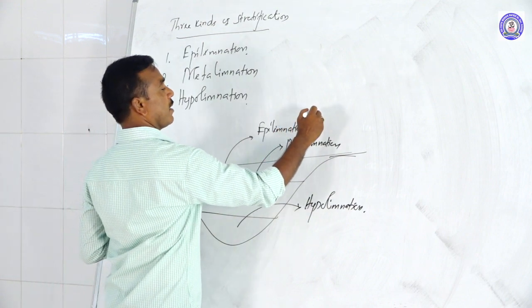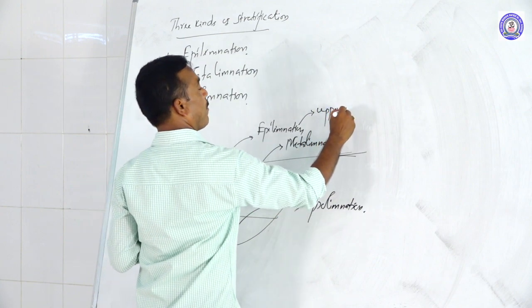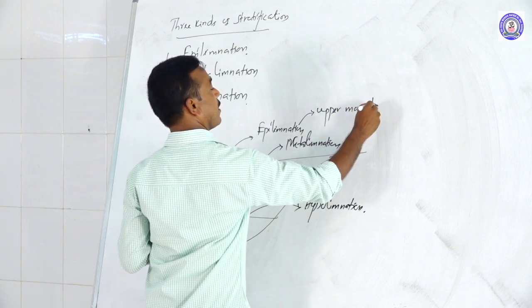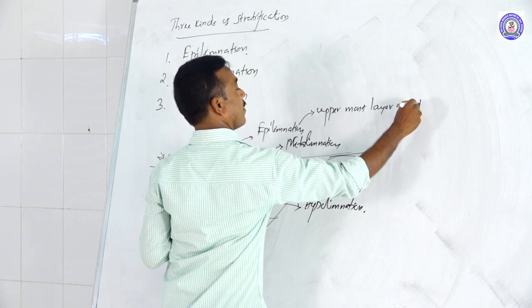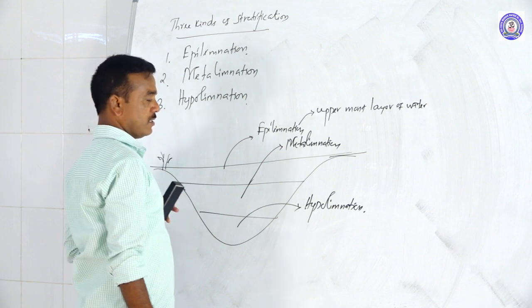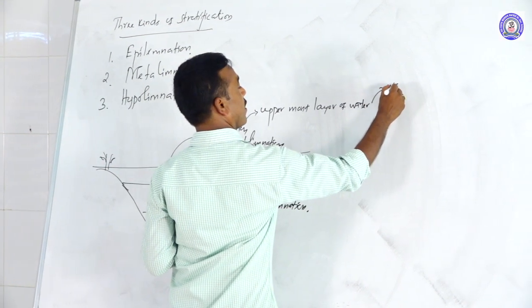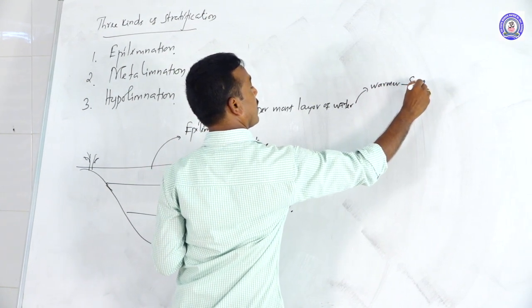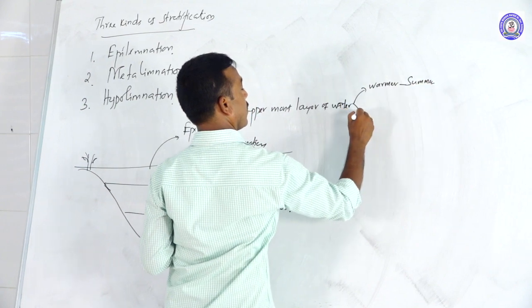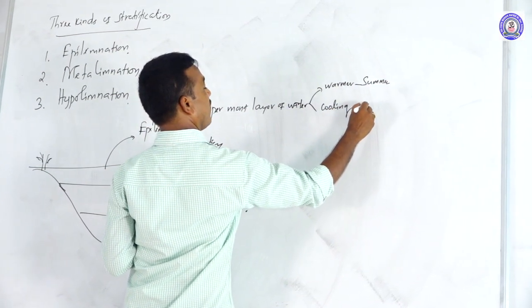Epilimnion is nothing but the uppermost layer of water, which is warmer during summer and cooling during winter.